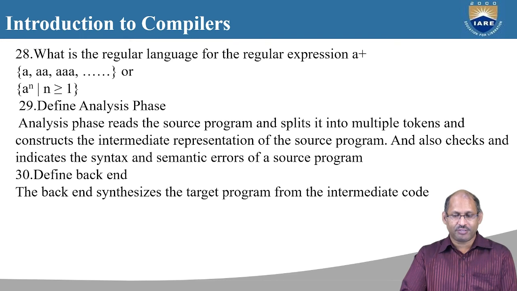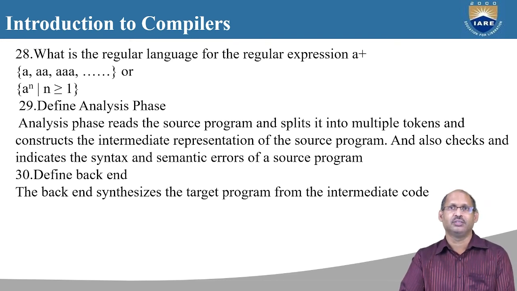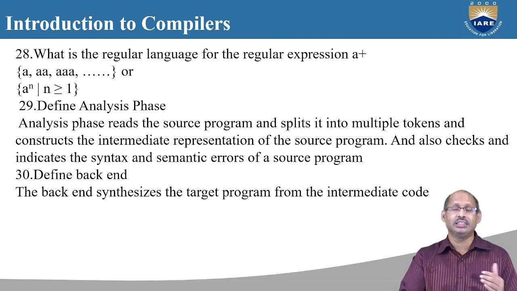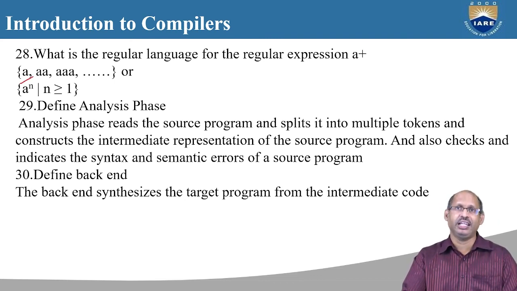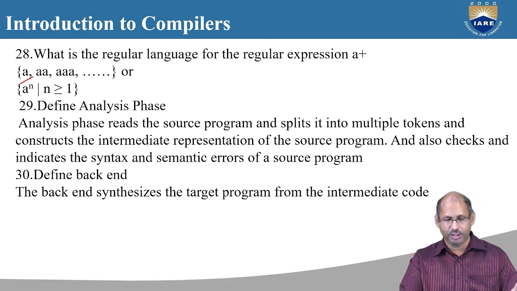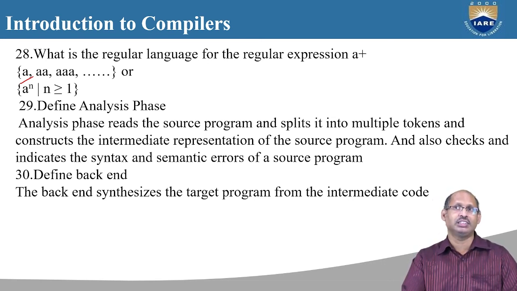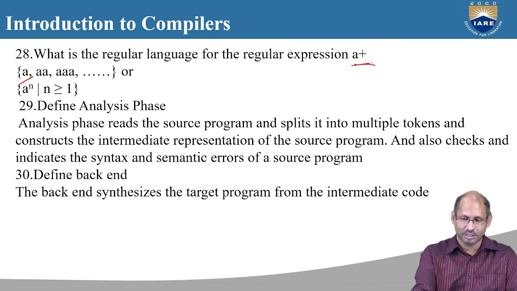What is a regular language for regular expression? A plus. A plus means one or more occurrences of A. One or more occurrences is represented as regular expression A plus.